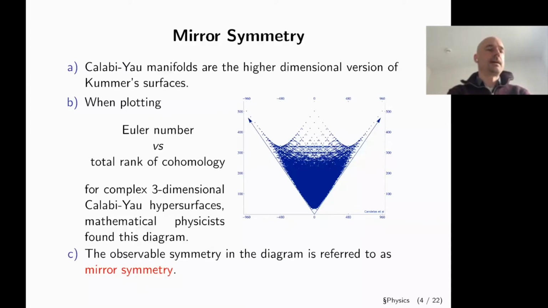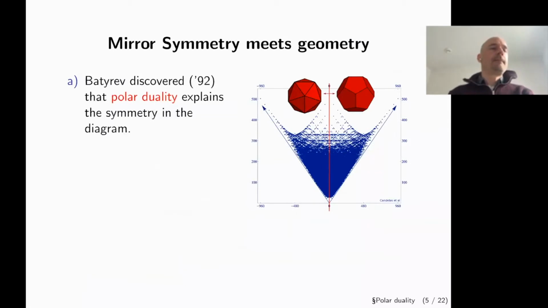So what's behind that? It means that there's a relationship between different Calabi-Yaus, because different dots that you mirror on the vertical axis, they correspond to different geometries. Batyrev discovered that a mathematical explanation for this duality can be found in polar duality.